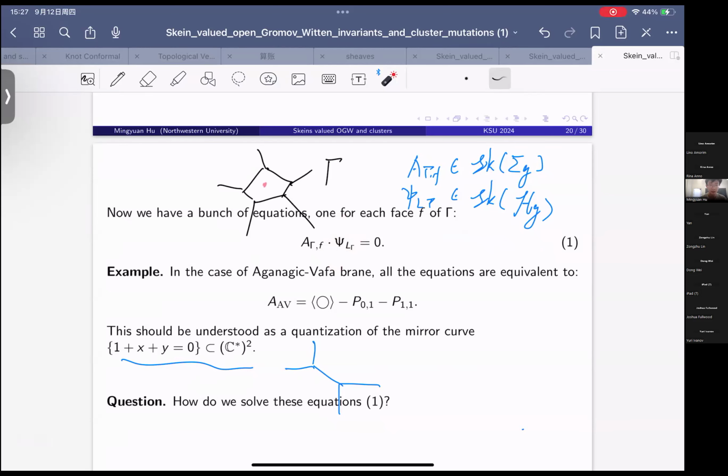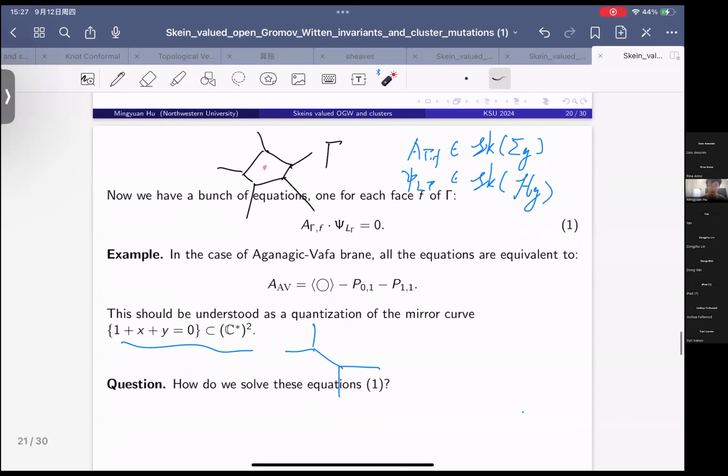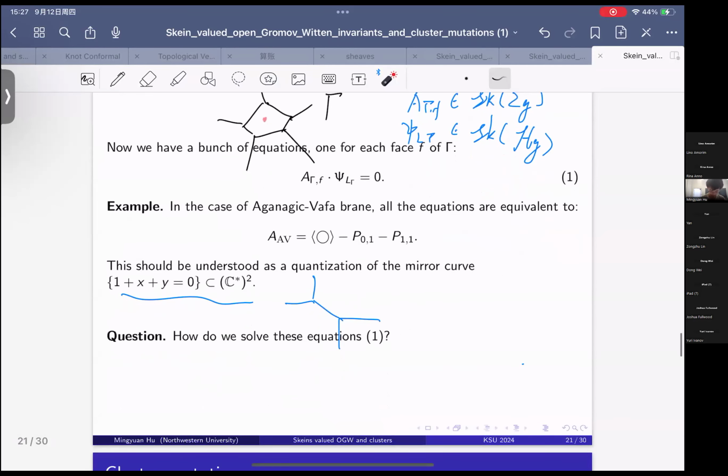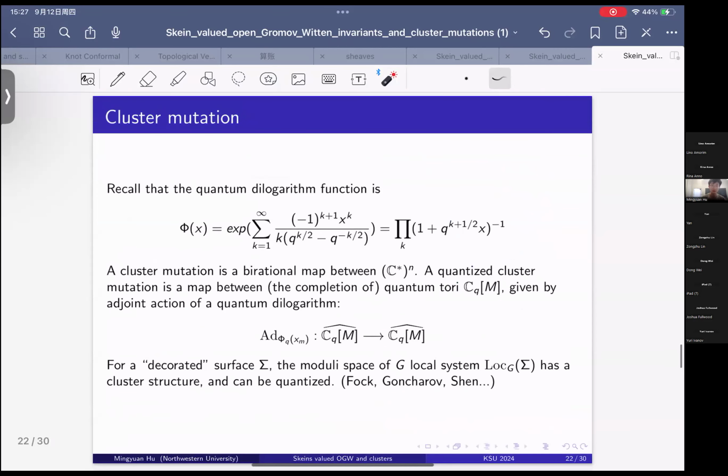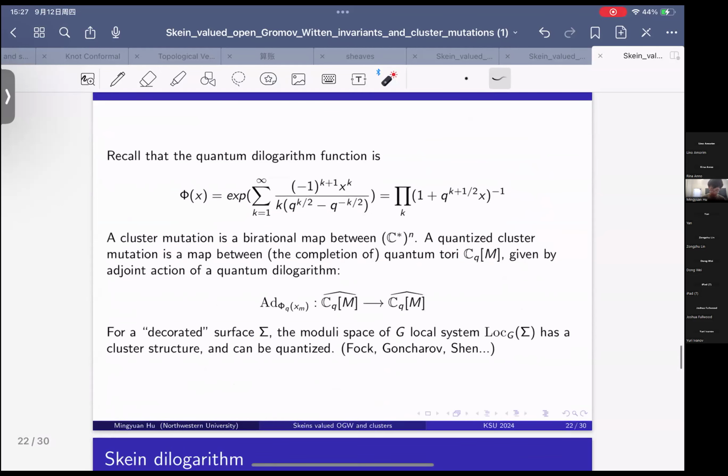So is that part clear? Yeah. So how do we do this? We use cluster mutation to solve these equations. Recall that the definition of the quantum dilogarithm is written down like this. It's a complicated formula, or maybe not that complicated. And then recall what a cluster mutation is.